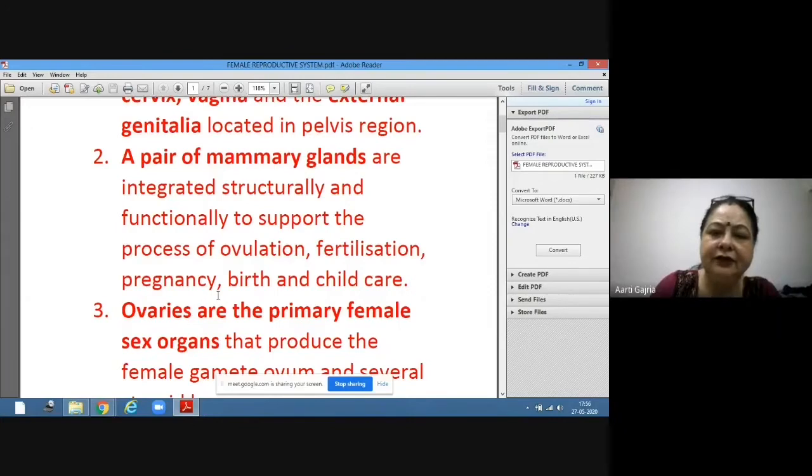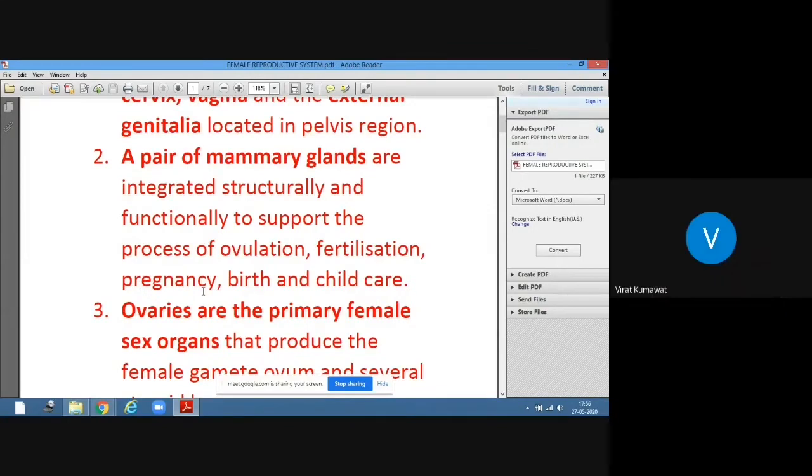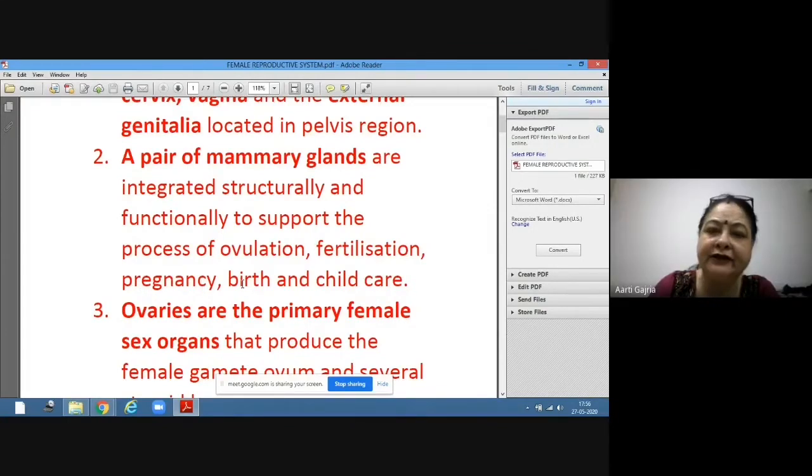Pregnancy, when the fertilized ovum gets implanted into the uterine wall. The birth, that is parturition, and after birth child care, that is nourishing the child with milk. So mammary glands are helping in that.